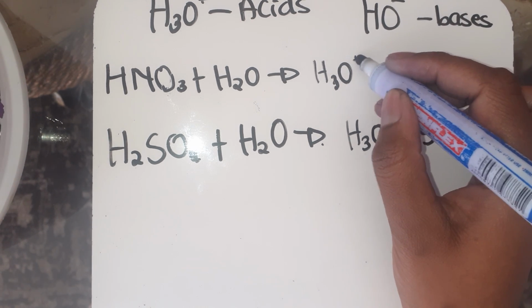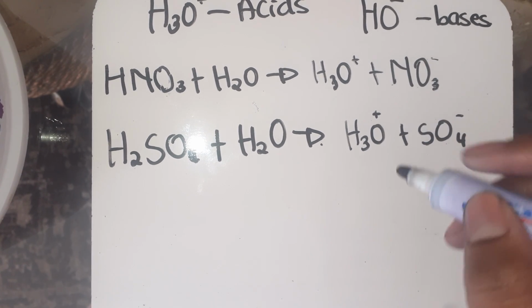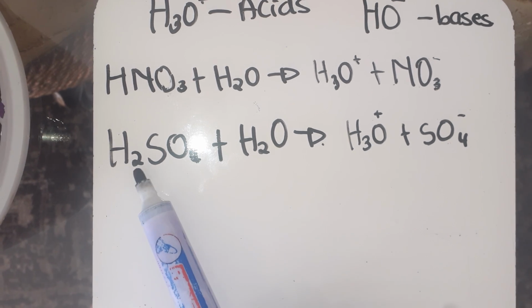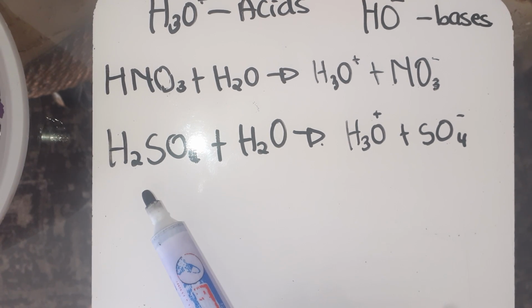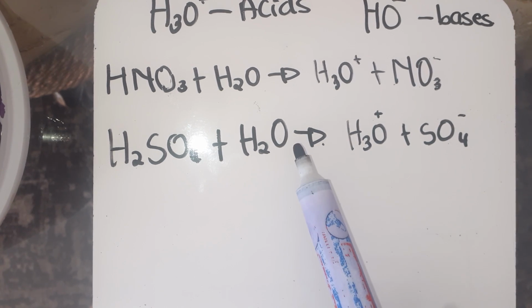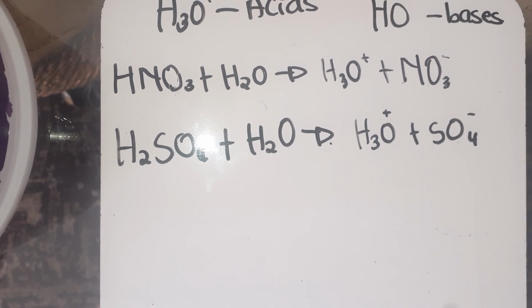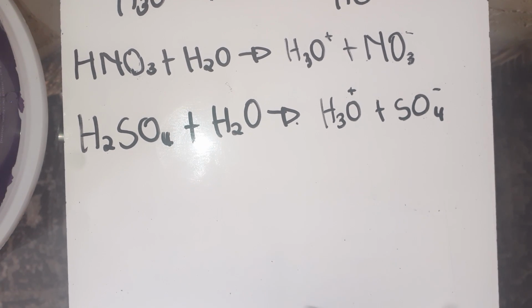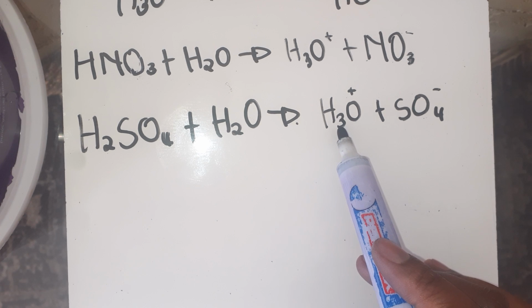This one becomes positive because it's gaining the H. This one, it's losing something. So we have 2 H's here, right? An acid donates H, so it has to donate these 2 H's to water.